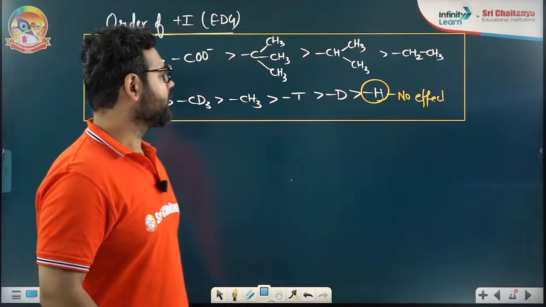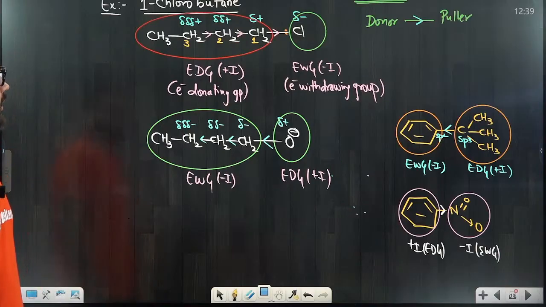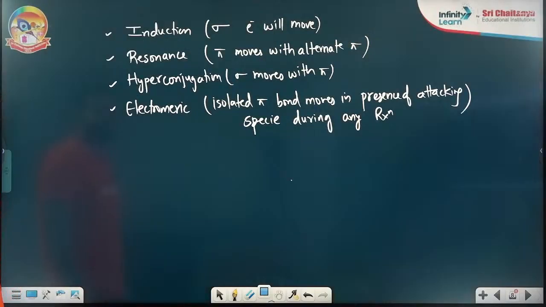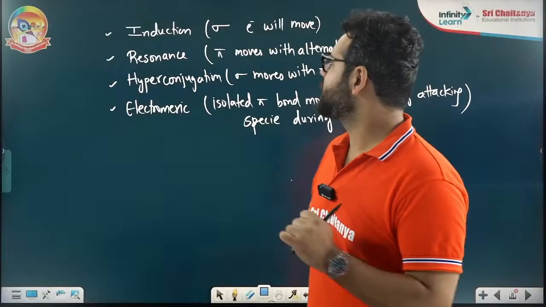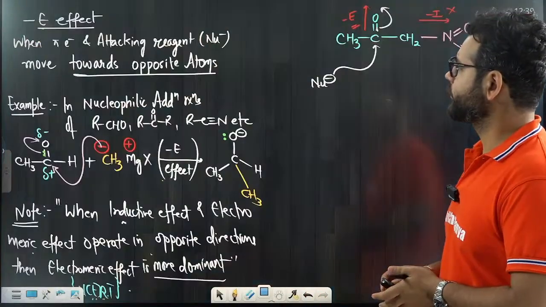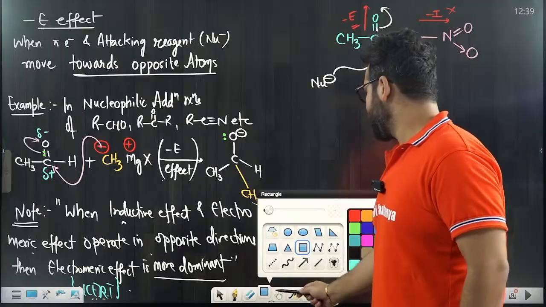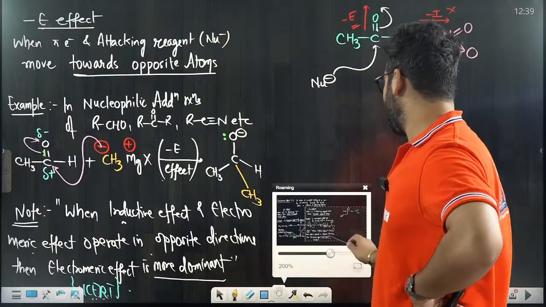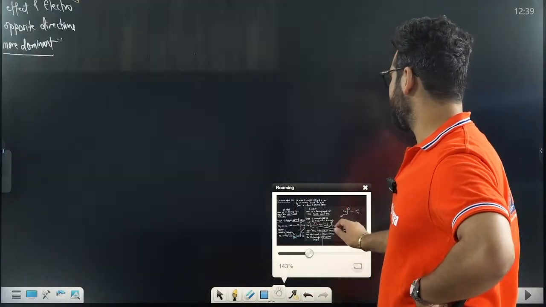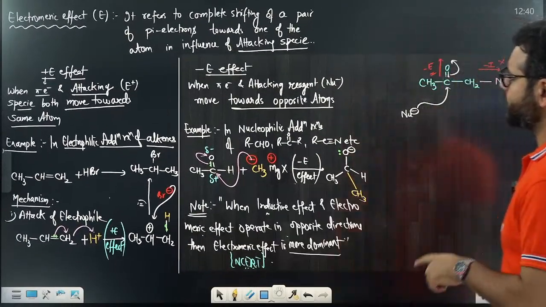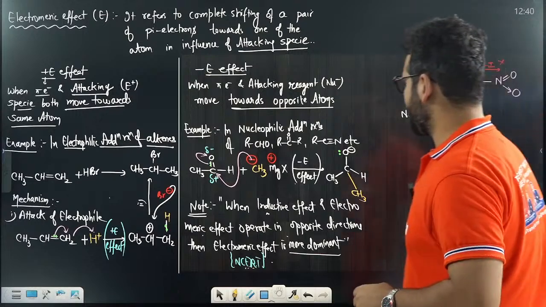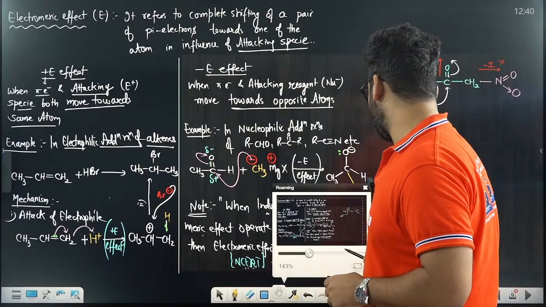So quickly revise what you have done today and write it down. We have talked about inductive effect and electromeric effect in today's class. Minus E, plus E, minus I, plus I is what I have told you in this class. This was the electromeric effect all in one page. It's a small thing. Electromeric effect is not that difficult to study.